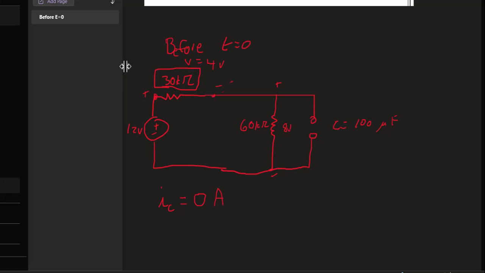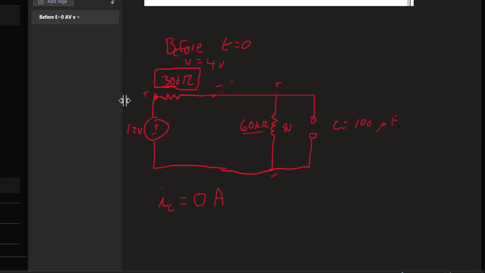I'm going to show you how to do it without just looking at it. The way I did it is I saw the 60 kiloohms is twice the 30 kiloohms, and so the voltage change across it has to be twice the voltage change across 30. And the two of these have to add together to give 12. I've done this enough times that I know those numbers are 8 and 4. But you're not expected to be able to do that.